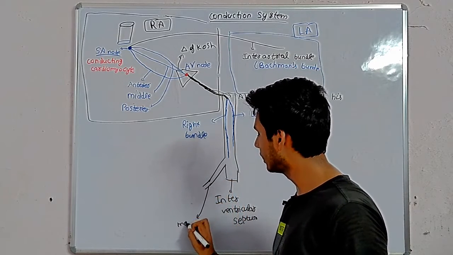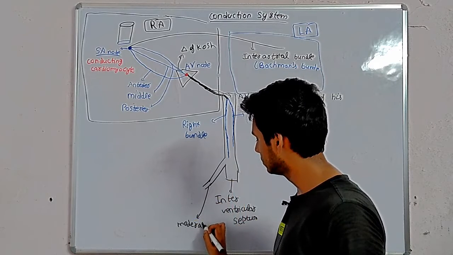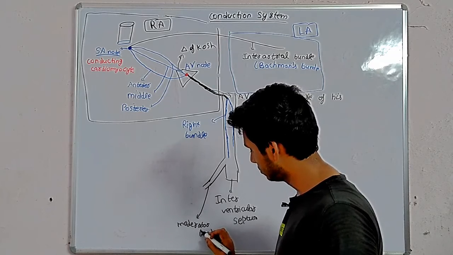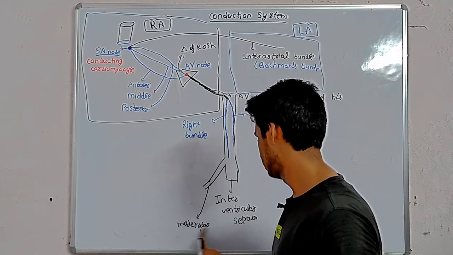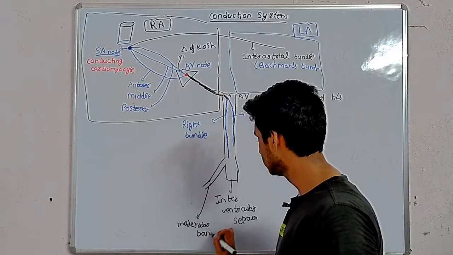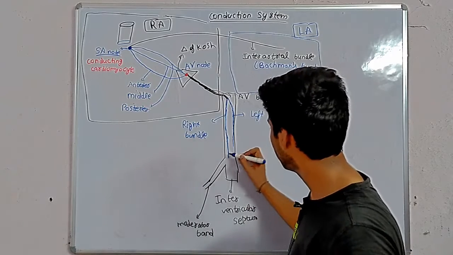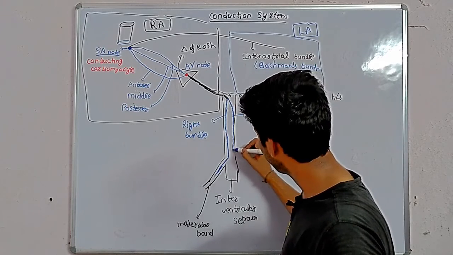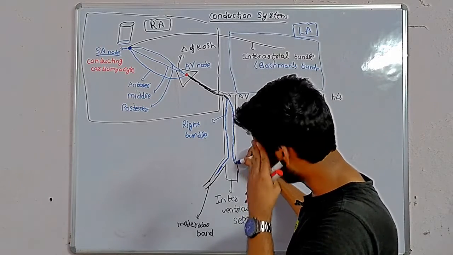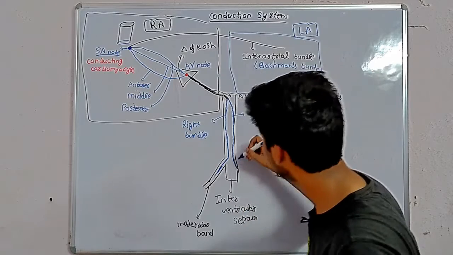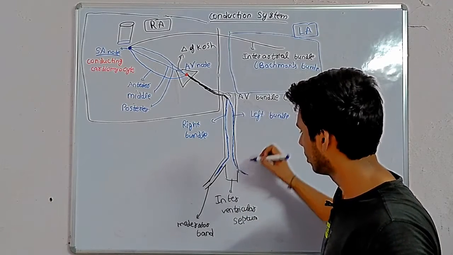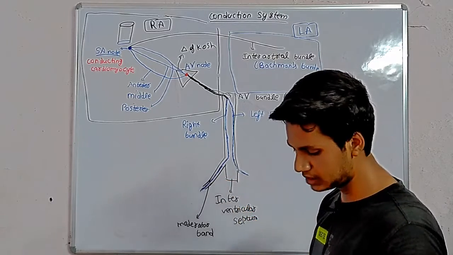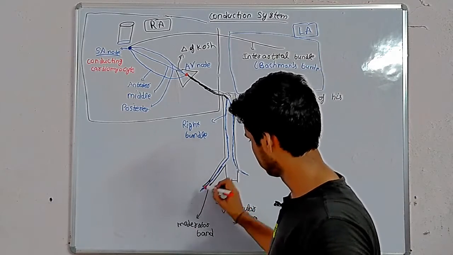This is called the moderator band. The right bundle goes in this near the apex, and the left bundle emerges from the septum near the apex and then turns. Then it breaks into many small fibers.